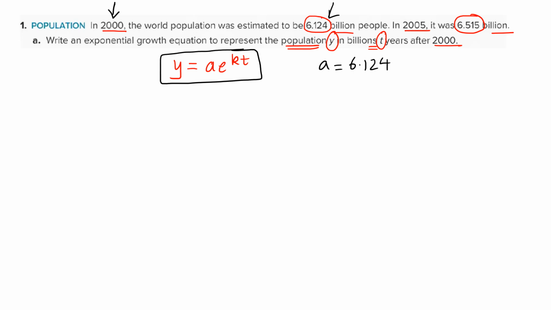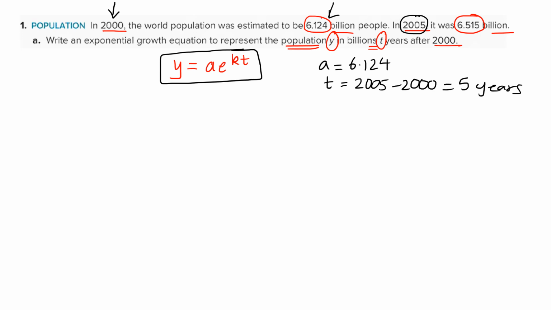Then the time t is not yet given to us, but the population for 2005 is given to us as 6.515. So if I take my time to be 2005 minus 2000, it's going to be 5 years. Okay, and during this time, what was the population?